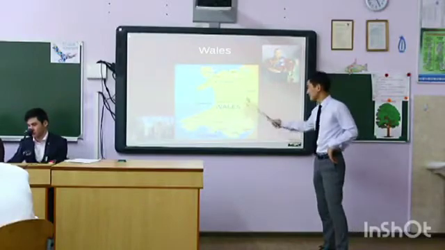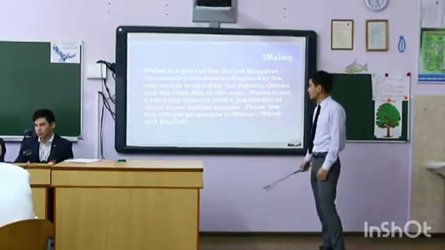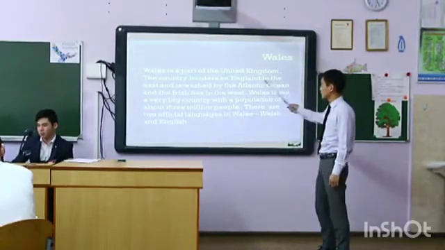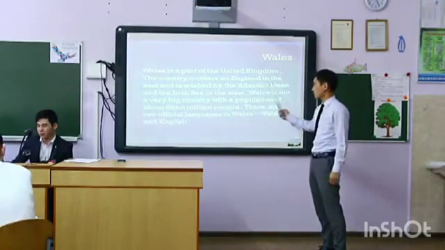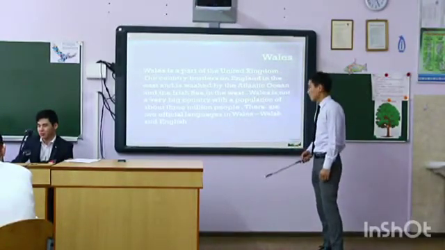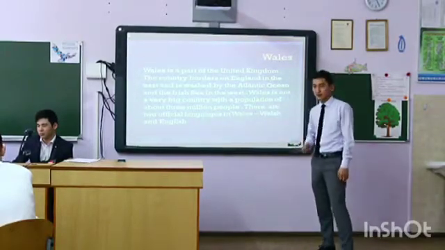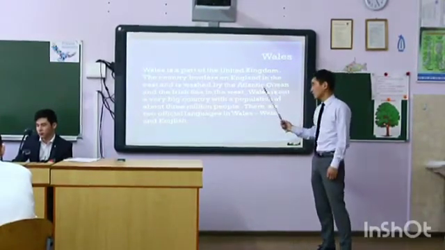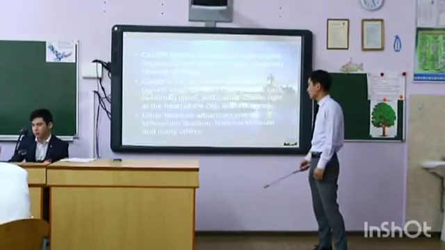This map is Wales. Wales is a part of the United Kingdom. The country borders England in the east and is washed by the Atlantic Ocean and the Irish Sea in the west. Wales is not a very big country, with a population of about 3 million people. There are two official languages in Wales, Welsh and English.